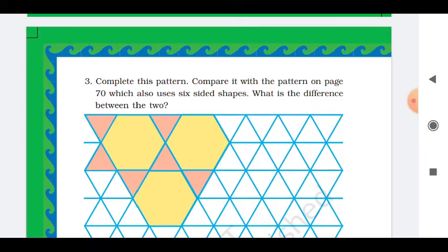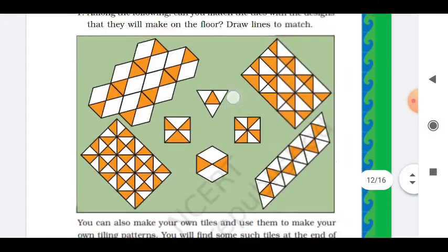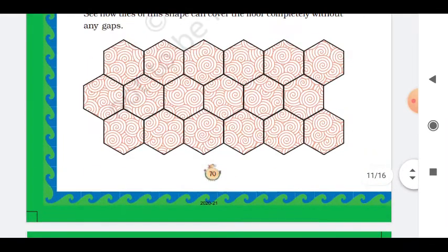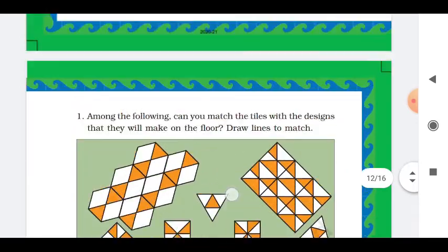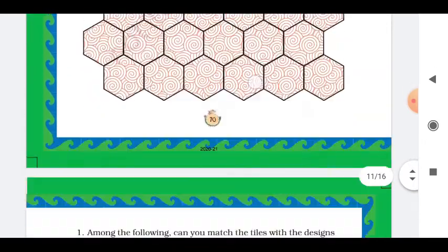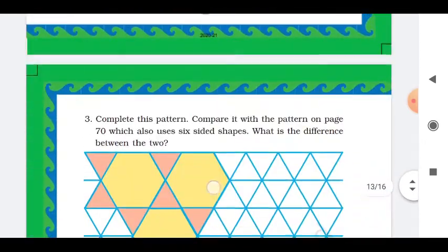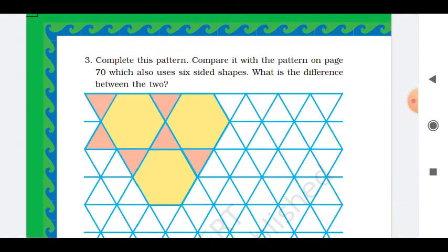See here, 1 2 3 4 5 6. So here also a hexagon is there, but see, they are arranged completely with the hexagon only, you can see here. But here in the middle, you can see what they have arranged. See, they are arranged in the middle.